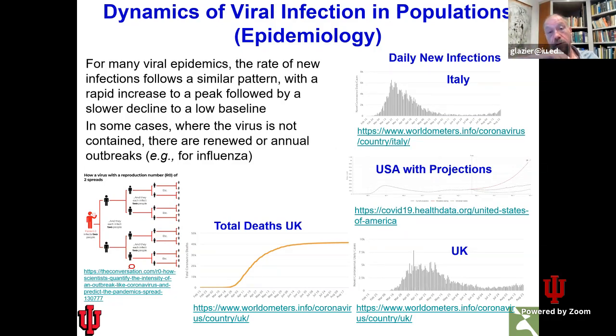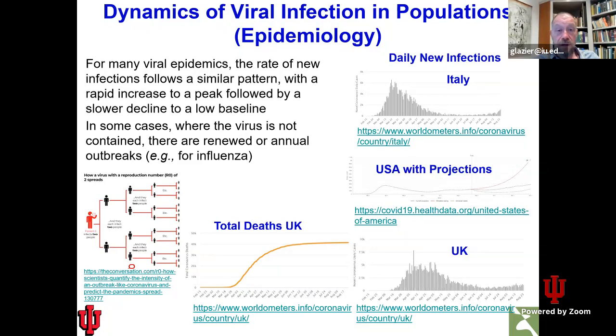Sometimes it goes to zero or nearly zero. Sometimes it goes to a baseline. In some cases, you get periodic oscillations. In the case of flu, there are two peaks, one in the fall and one in the spring, and those happen annually. And flu in particular has a very complicated spatial pattern of spread through the world. It's quite interesting.